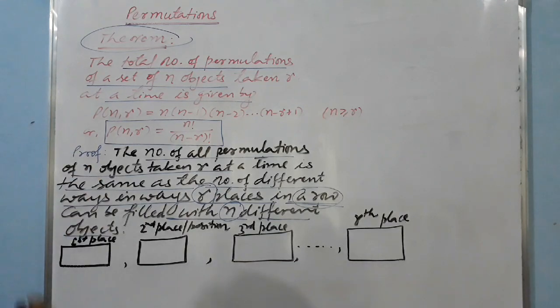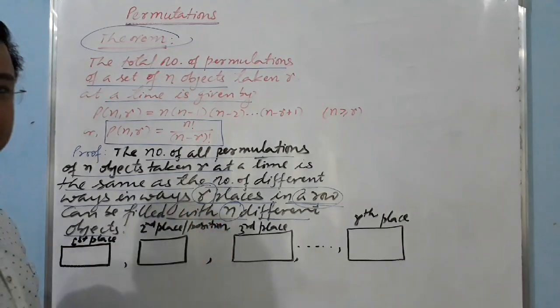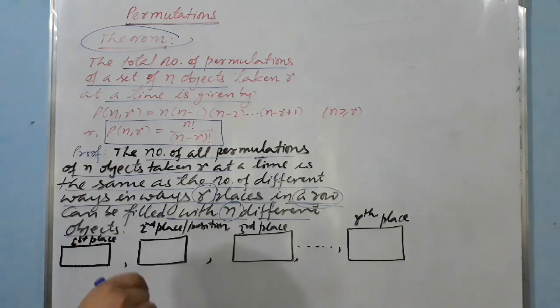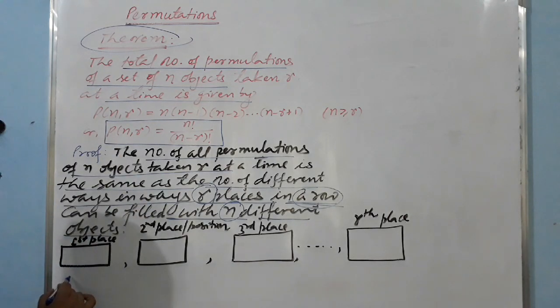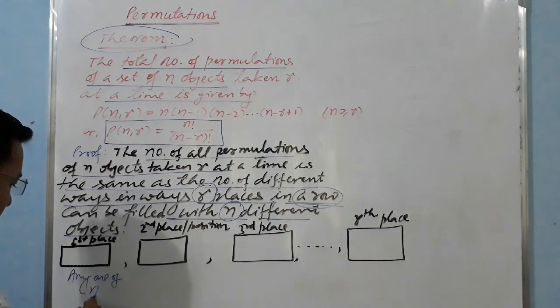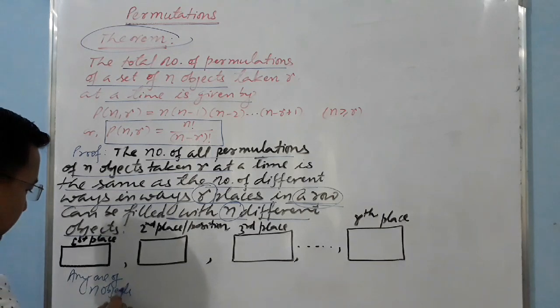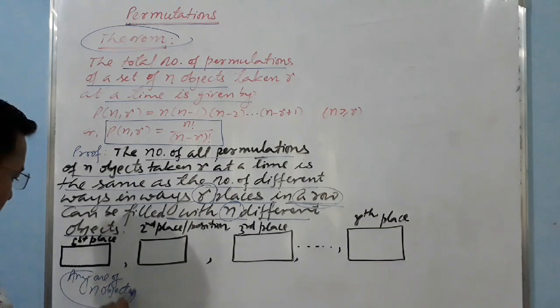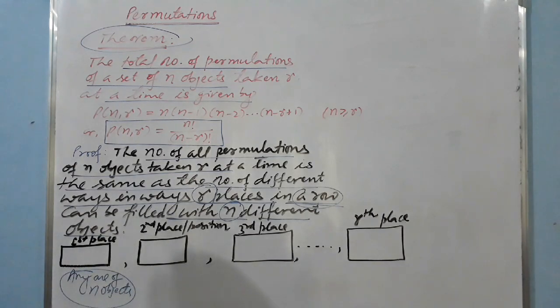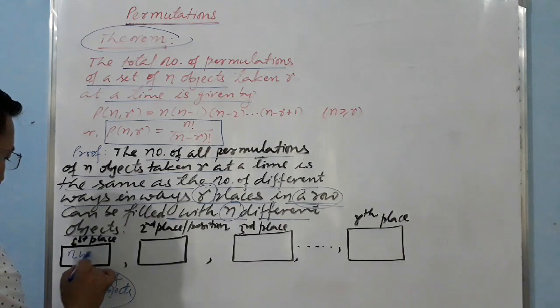So see, first place: in the beginning, how many objects are there? n objects, right? For the first place, we can choose any one of the n objects. So this means the first place can be filled up in n ways.